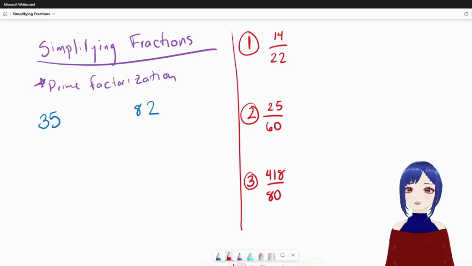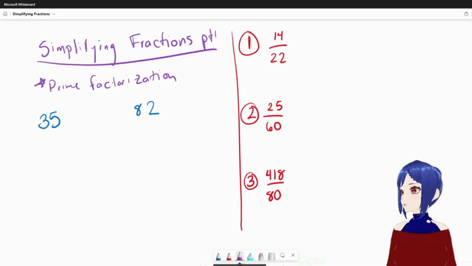So today we're just going to focus on the first part, which is simplifying fractions. And I'm going to teach you simplifying fractions with a method that I think will make it a lot easier. And that's using a method called prime factorization.